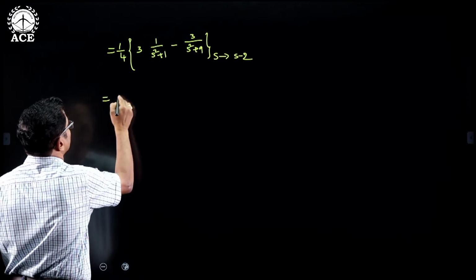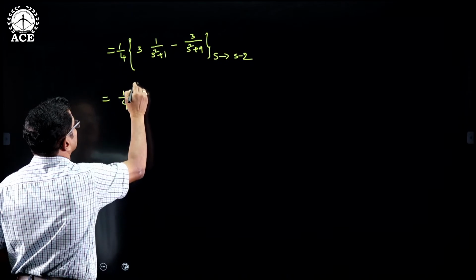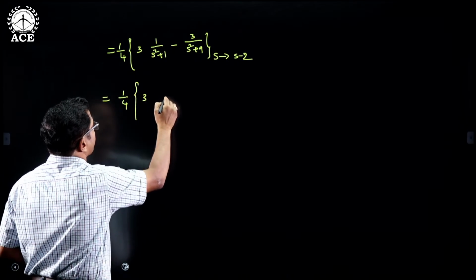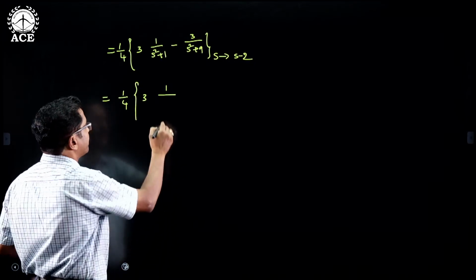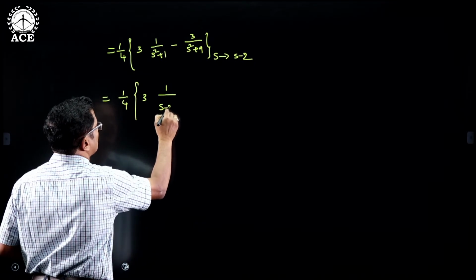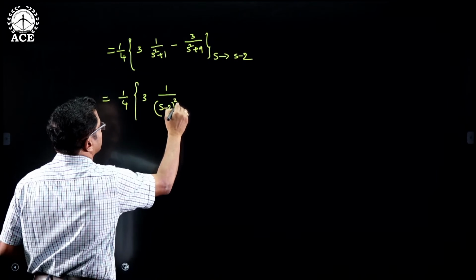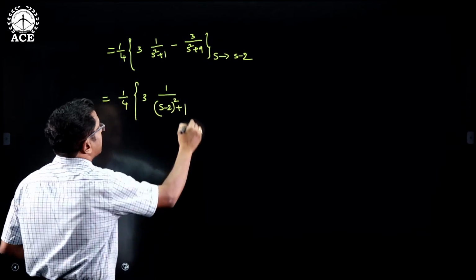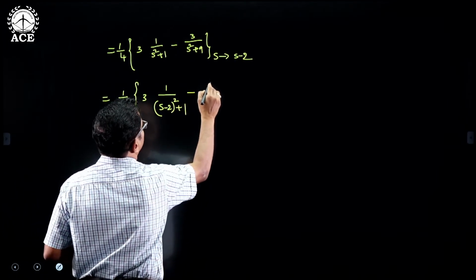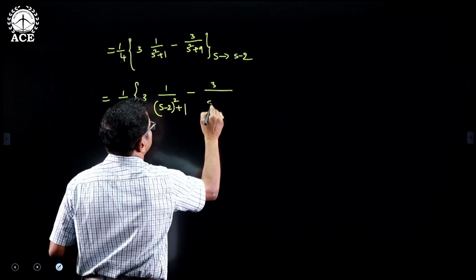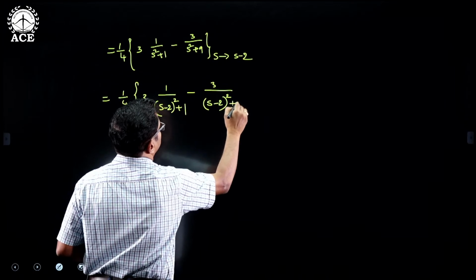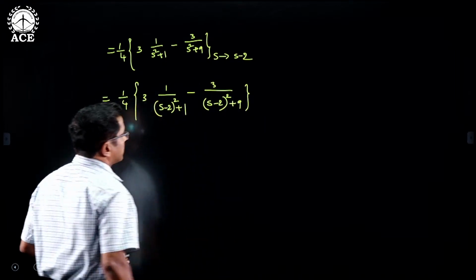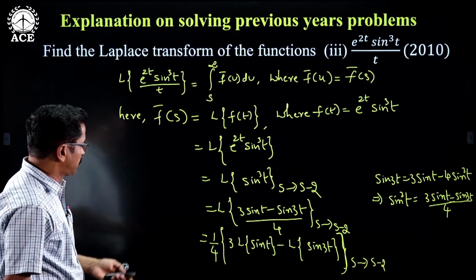So it equals 1 by 4, 3 into 1 by (s minus 2) whole square plus 1, minus 3 by (s minus 2) whole square plus 9.